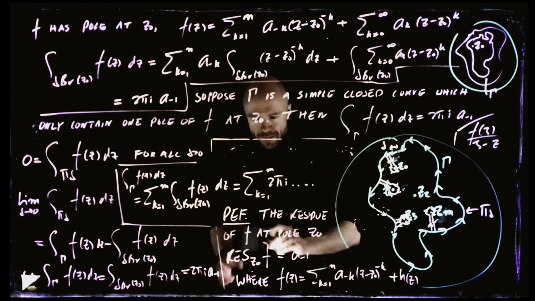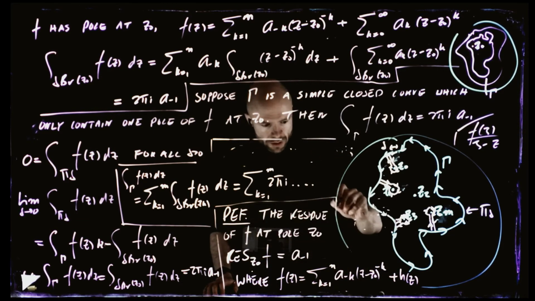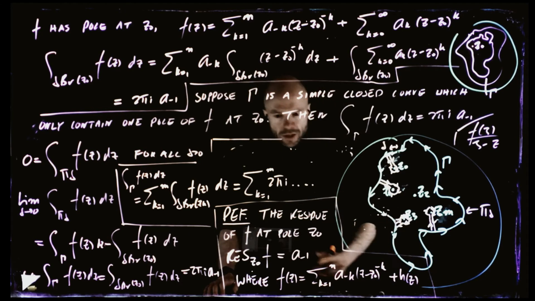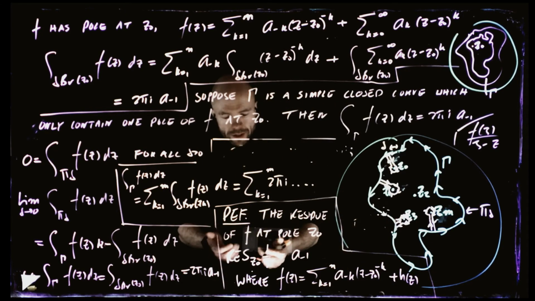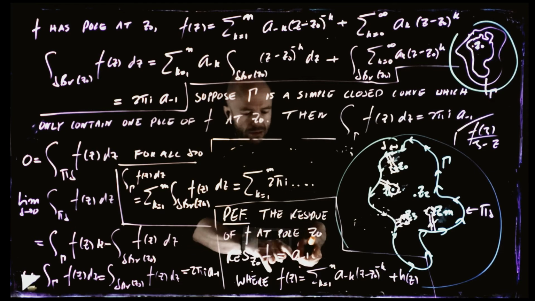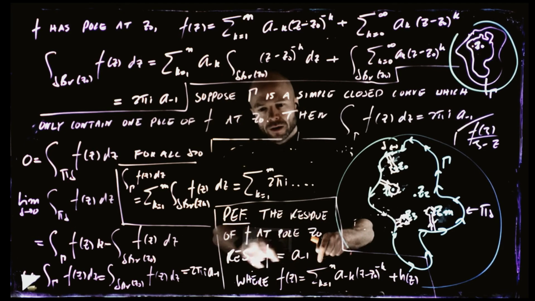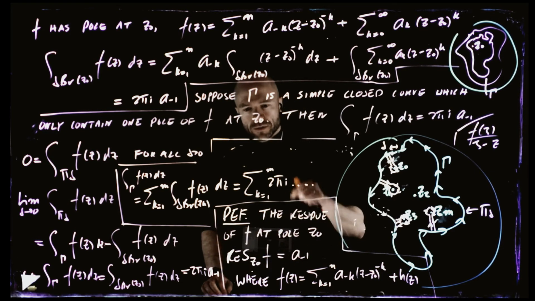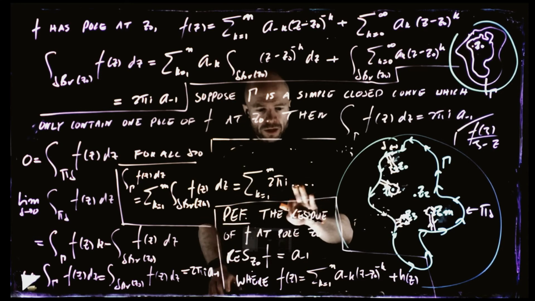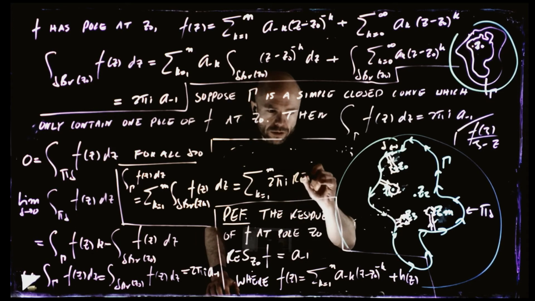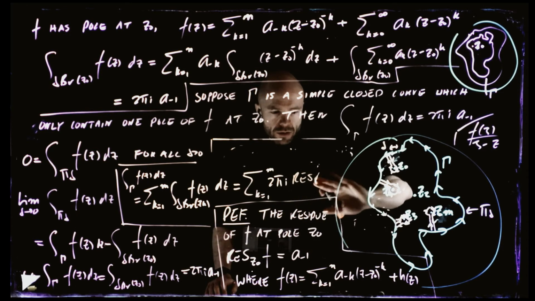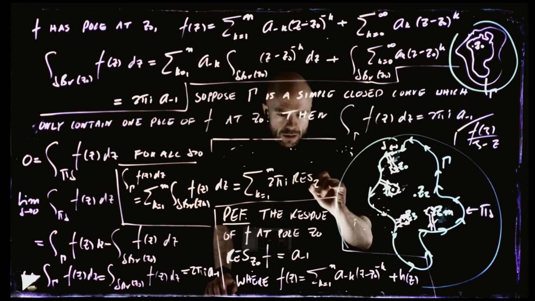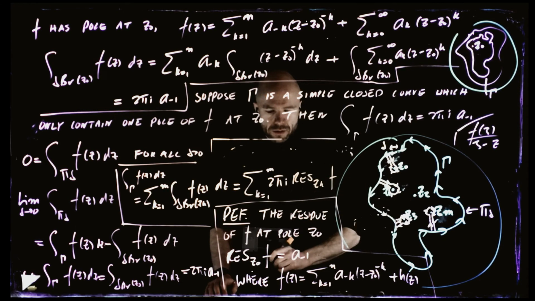So this definition is convenient for us because it specifies that we're talking about the a to the minus 1 at this particular point where we have the pole. Yeah? And that's what we need in order to write something meaningful here. So we write the residue at zk of f.